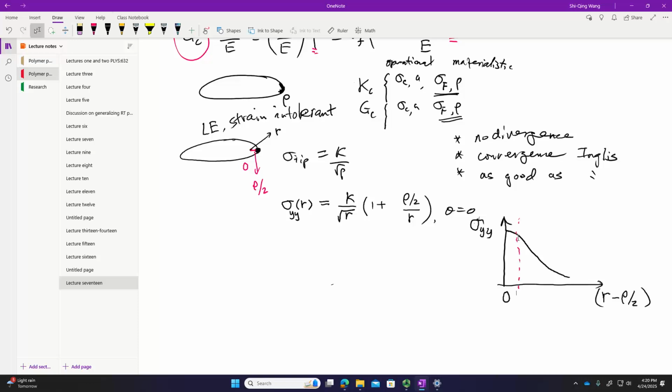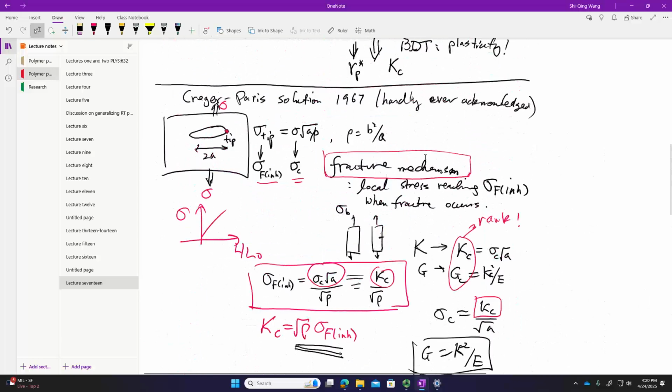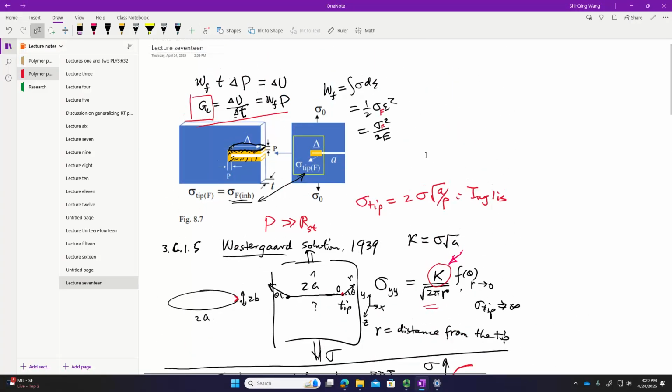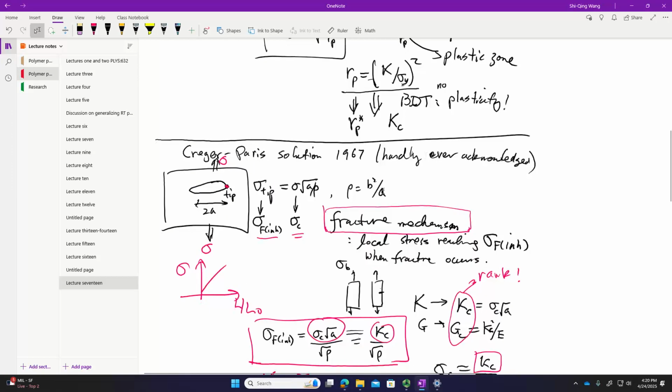If I say curvature, I only loosely say it's related to the curvature of the tip. You are completely right. Mathematically, curvature is usually the reciprocal of the radius of curvature. That's why I said it has the dimension of length. So which we have defined even for Inglis, b squared divided by a. So it has dimension of length.